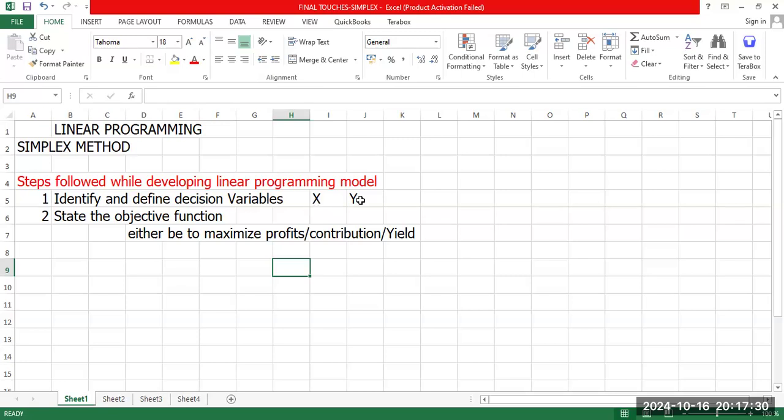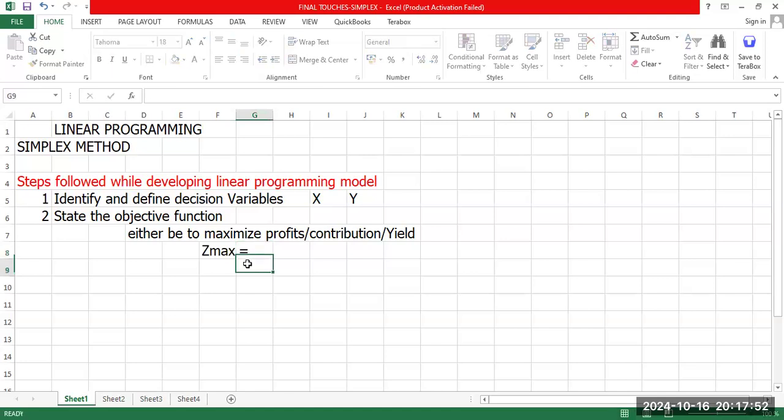How much do I expect to earn on product Y? So here you're trying to lay out your strategy, your objective, what you want to achieve. If you want to maximize profit, then you can use any letter, or you can call it Z max or N.